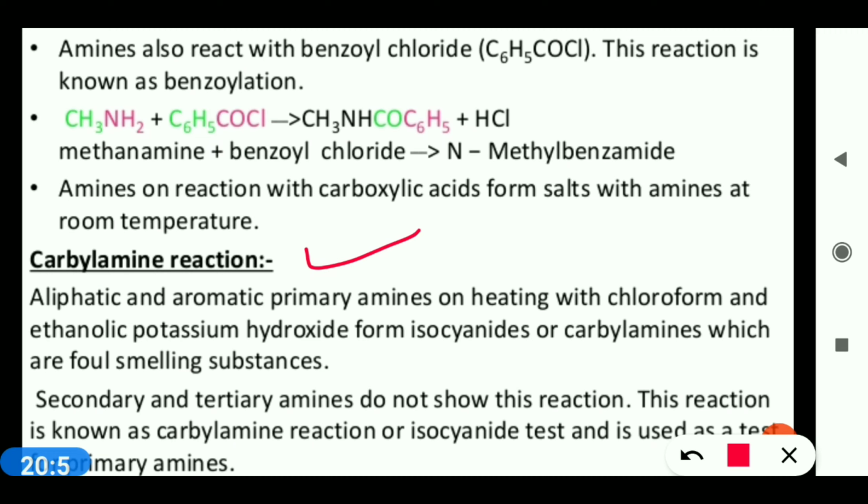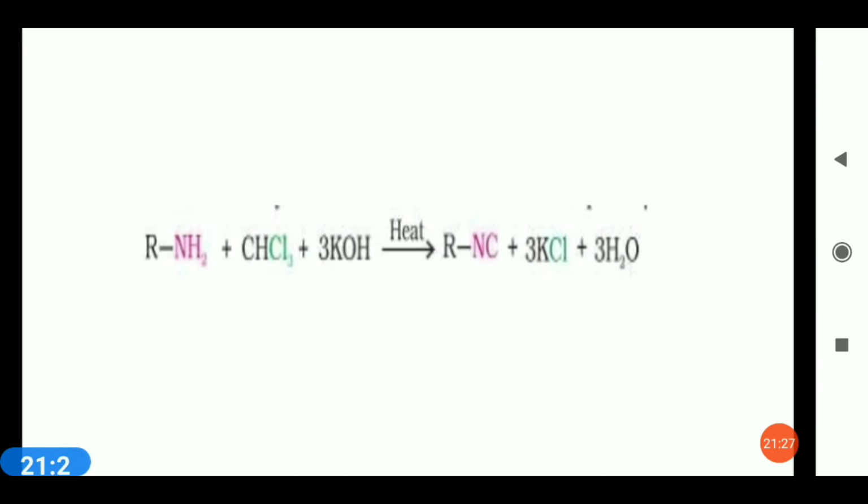Aliphatic and aromatic primary amines on heating with chloroform and ethanolic potassium hydroxide form isocyanides or carbylamines, which are foul smelling substances. Their smell is very bad. Secondary and tertiary amines do not show this reaction. This reaction is known as carbylamine reaction or isocyanide test, and it is used to test the primary amines.